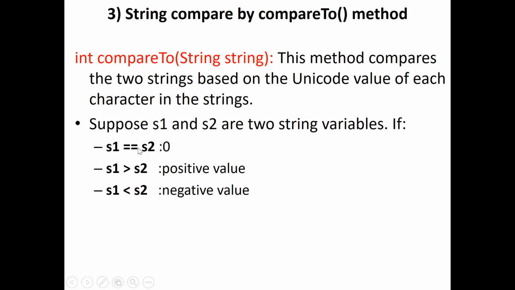If both are equal it will return 0. If the first one is bigger it will return a positive value. If the second one is bigger, it will return a negative value. Its return type is integer, so it prints 0, 1, or -1. 0 means both are exactly matching.